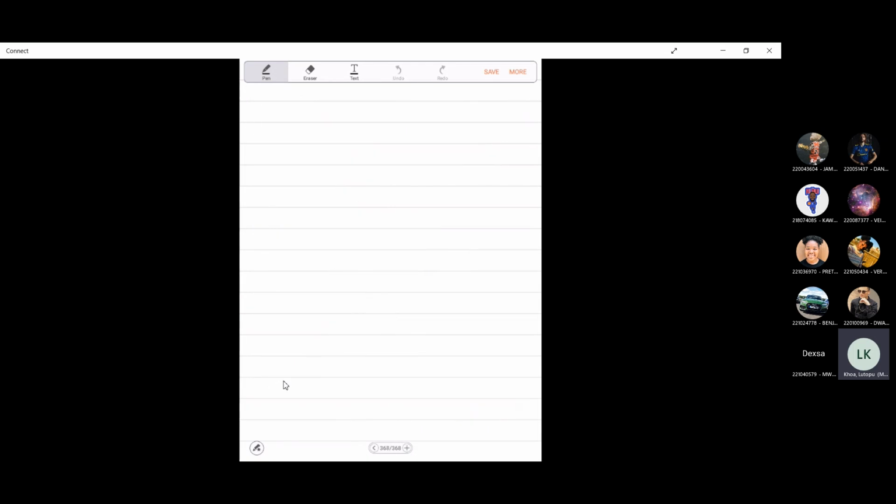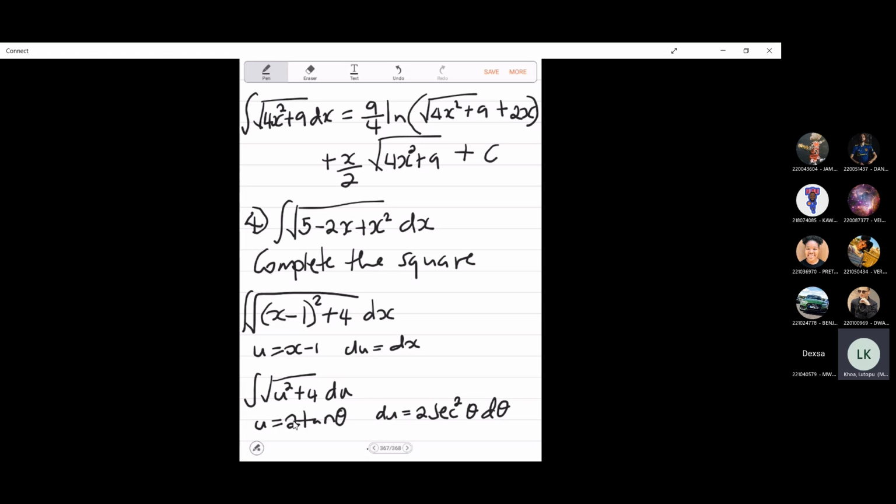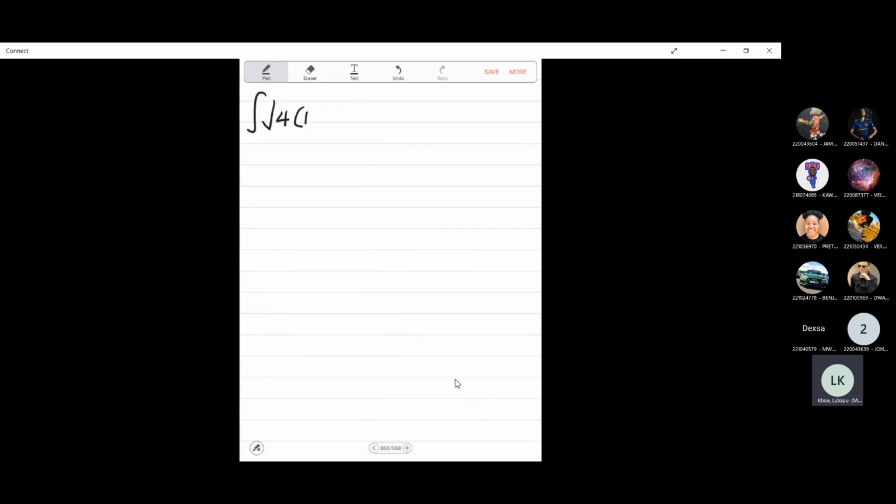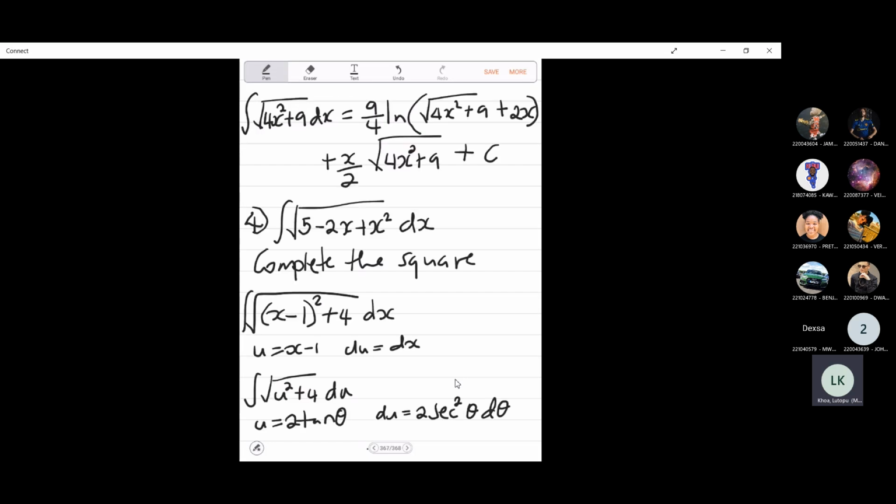This is the integral, the square root. We have u squared, which is 4 tan squared theta, plus 4. So 4 is common, we can factor that out. And then du, we just put 2 sec squared theta d theta. So this is the square root of 4 times 1 plus tan squared theta. And then instead of dx, we put 2 sec squared theta d theta.